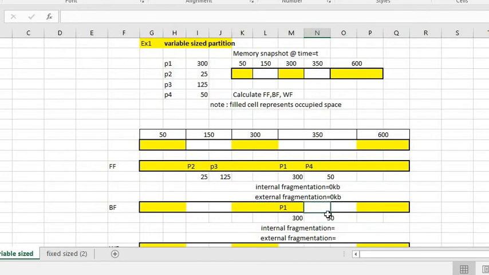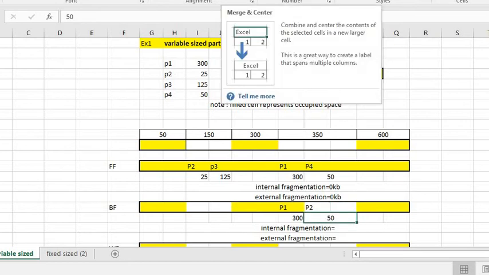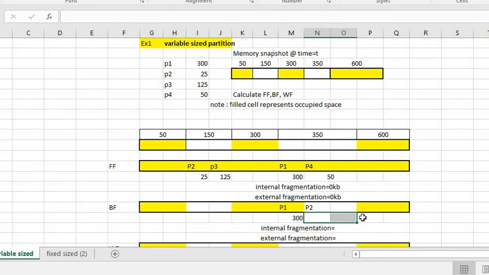If you allocate 25 for P2, a hole of 25 kilobytes will be created here. So P2 is having 25 and 25 is left out here. So this got occupied by P2.